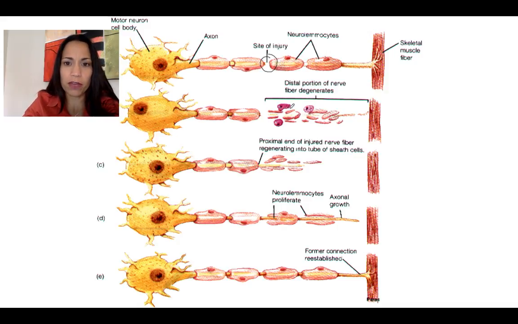That's the function of macrophages, remember? They come to the area and engulf and destroy all of these axon segments or fragments that are not viable.